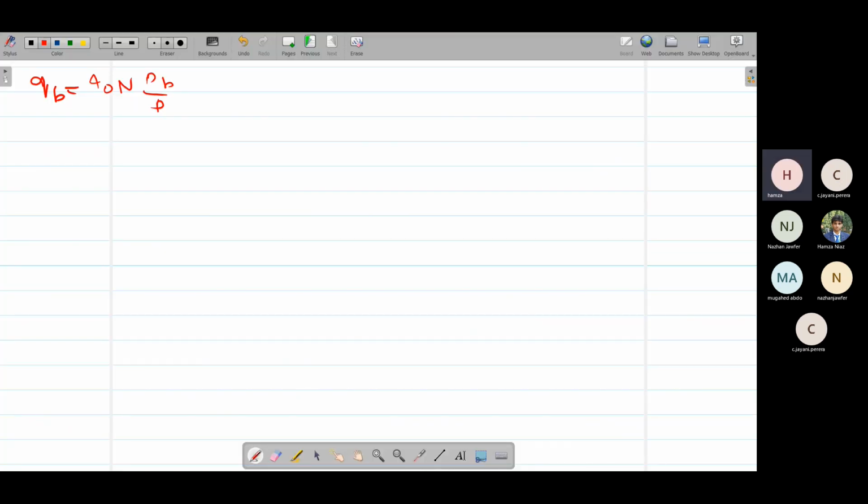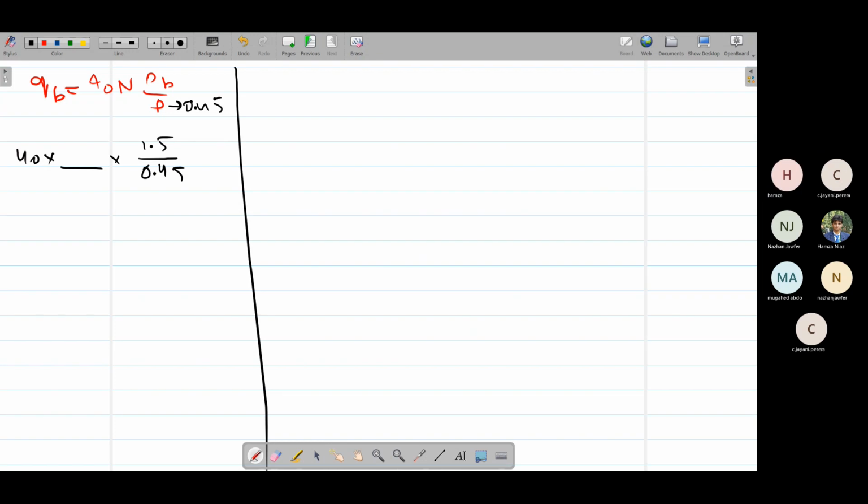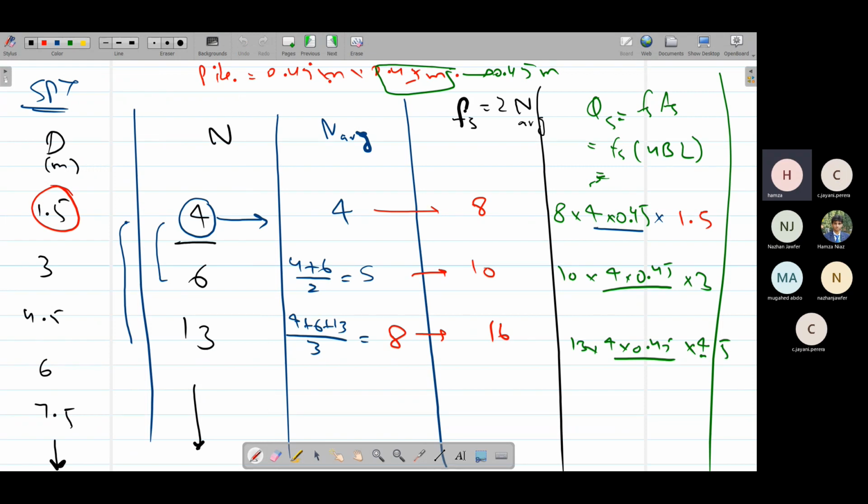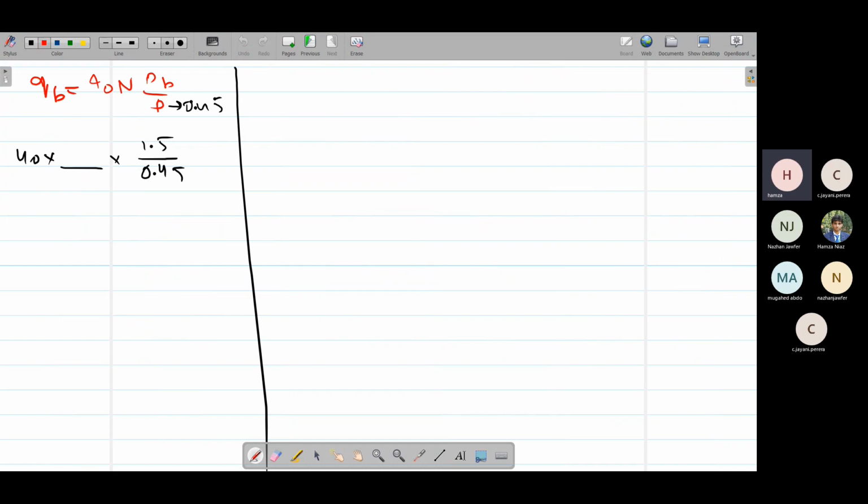We know D is 0.45 because it is a square pile. We simply multiply: 40 times n times Db over D, for the first layer 1.5 over 0.45. Remember, now we use the n value of that layer only, not the average, because Db is at the bottom of the layer. It is a base distance.